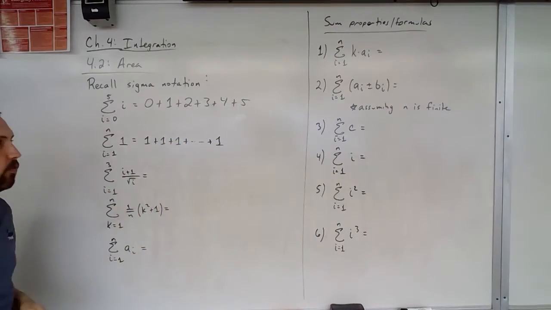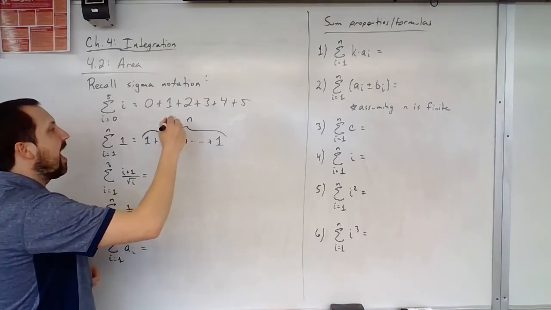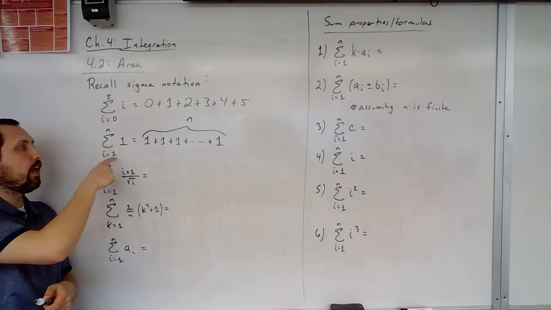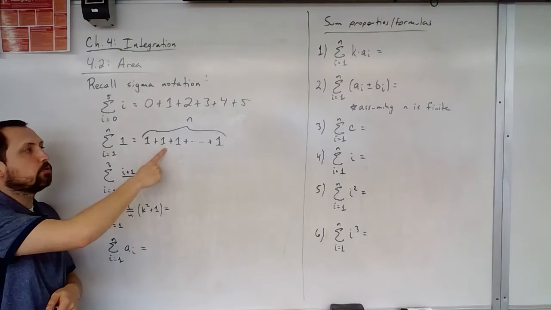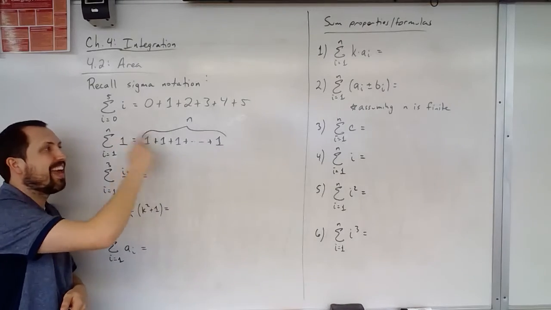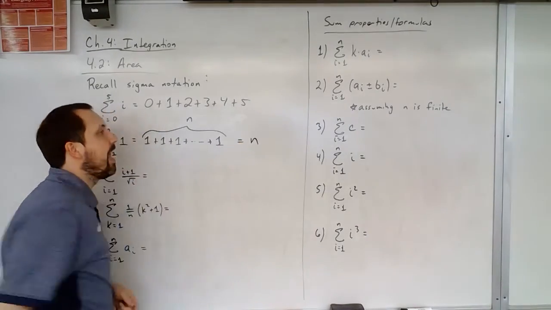I have a whole bunch of 1s. In particular, we know that there are n of these, because the first one is from i equals 1, the second one's from i equals 2, i equals 3, and so forth till i equals n. So you can add this all together to be n.